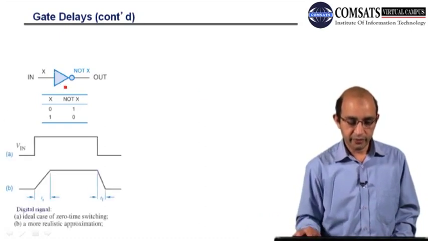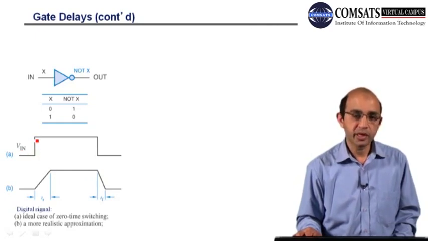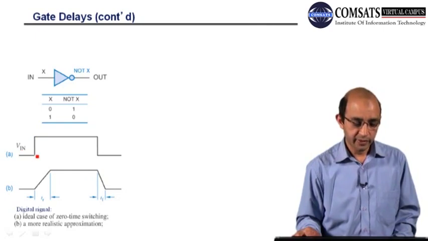So let's have a graphical interpretation. Here you can see this is the ideal case. We have the input, and you can see the transition with no switching time. As long as we receive the high, it becomes high immediately with no delay.